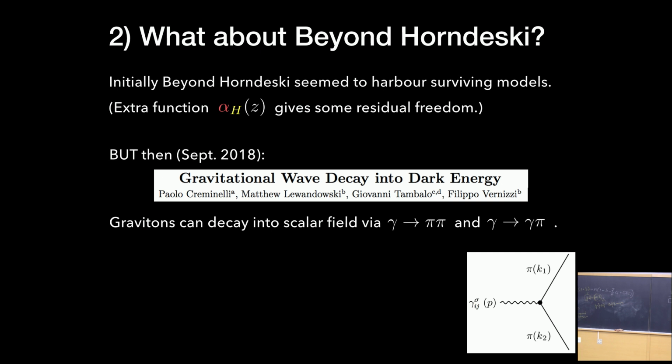That's really alarming, because the fact that gravitational waves are reaching us undecayed suggests this can't be happening, right? So that automatically seems to tell you that there is something wrong with beyond Horndeski. It doesn't seem to match reality.